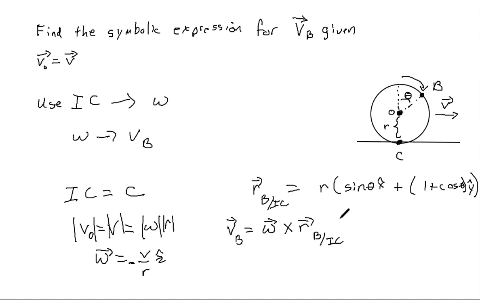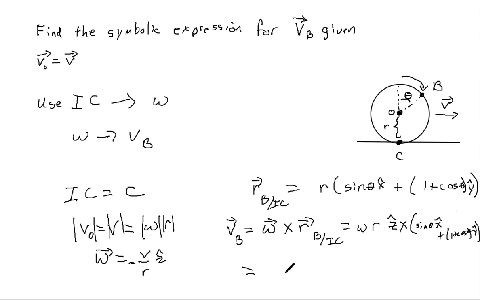So this is going to be omega times R times z hat cross sine theta x hat plus 1 plus cos theta y hat. And over here, this is what I have for omega, minus v over r.